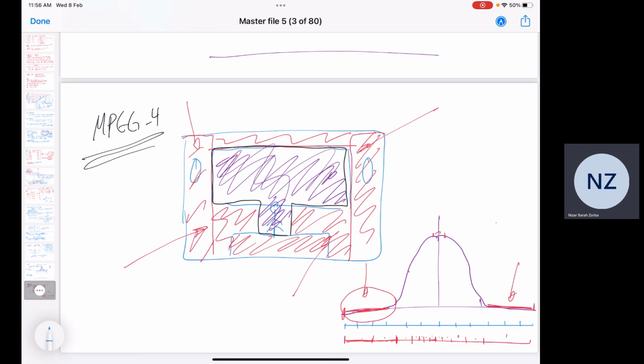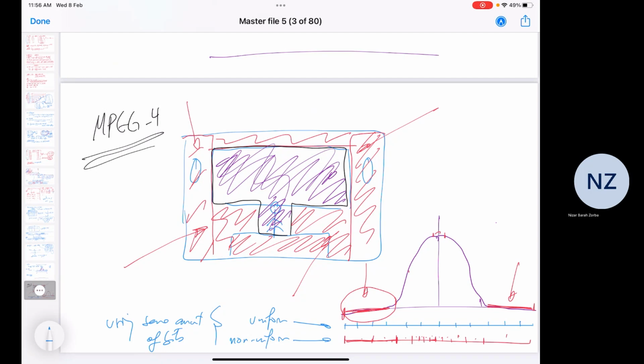The blue one and the red one: this is uniform, this is non-uniform. Both of them use the same amount of bits, the same required data rate, the same cost and everything. Which one would perform better? The red one. Why? Because it will capture more of what is actually happening.